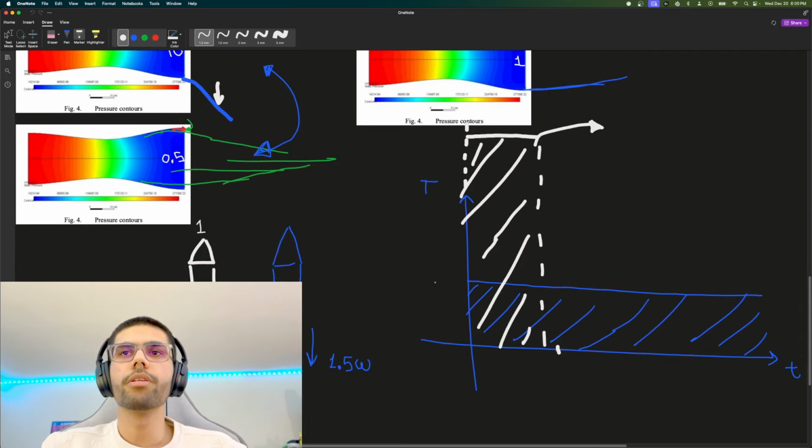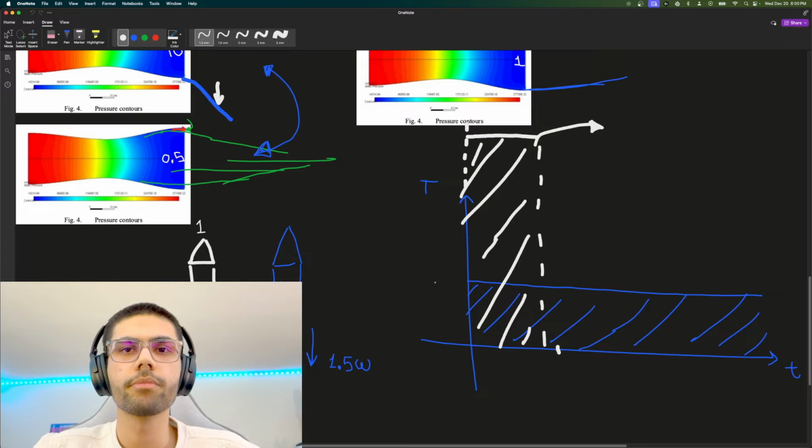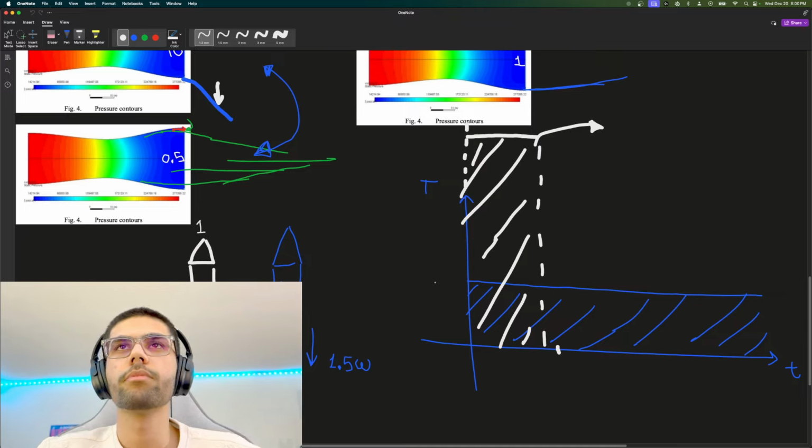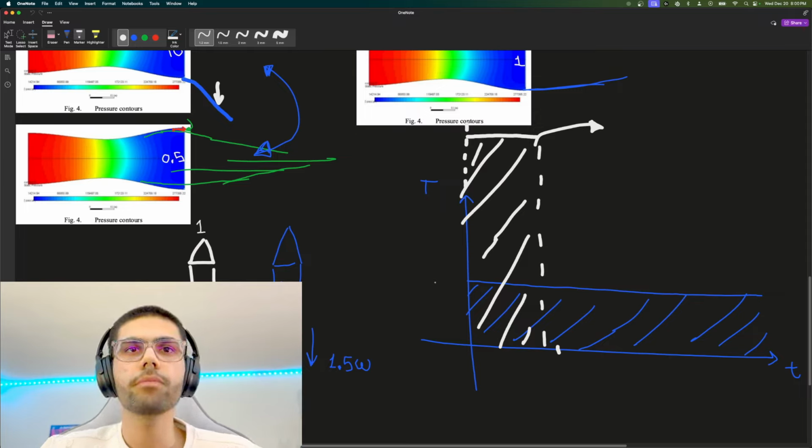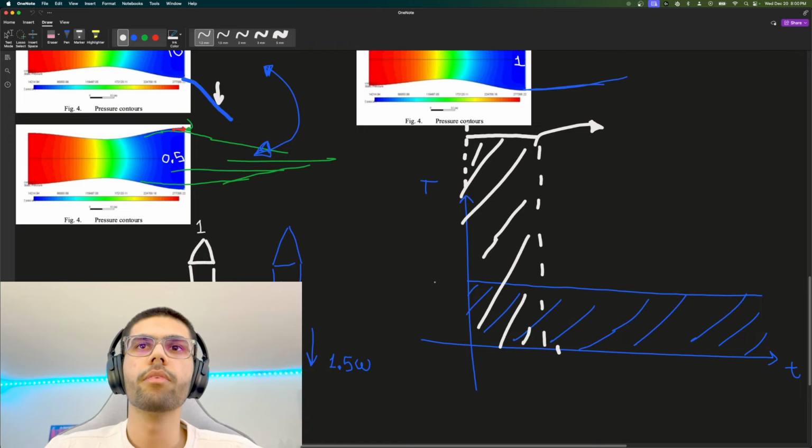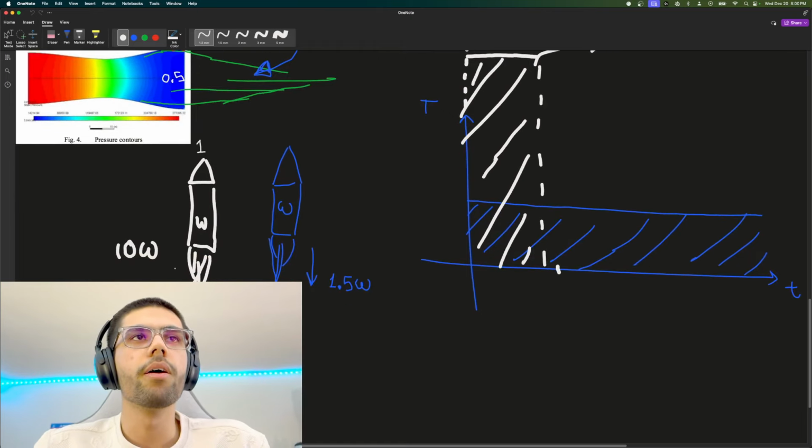Do you have any questions on this? The physics is straightforward. Just find the acceleration.